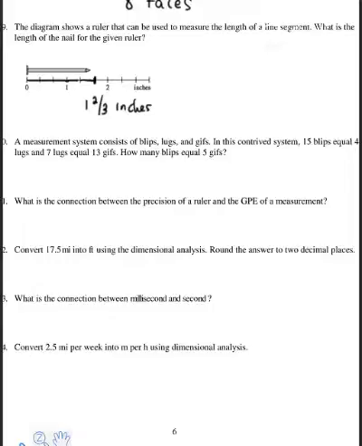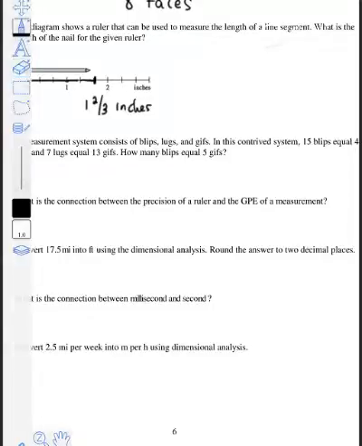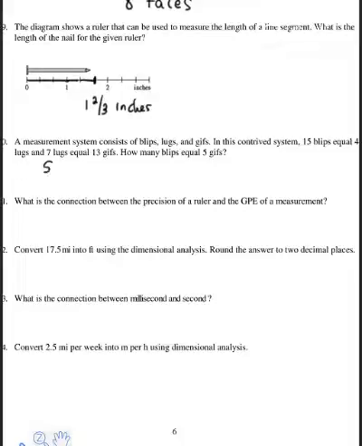So starting with 5 gifts, I want to change the unit of measure of gifts into lugs. So if I want to cancel gifts, I want to put gifts down here and lugs up here. So 7 lugs equal 13 gifts.